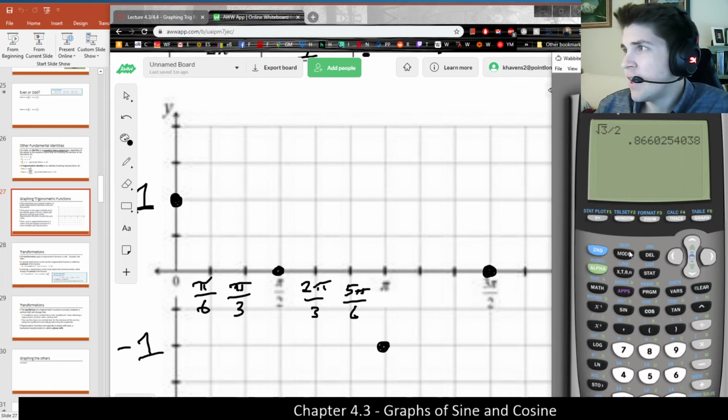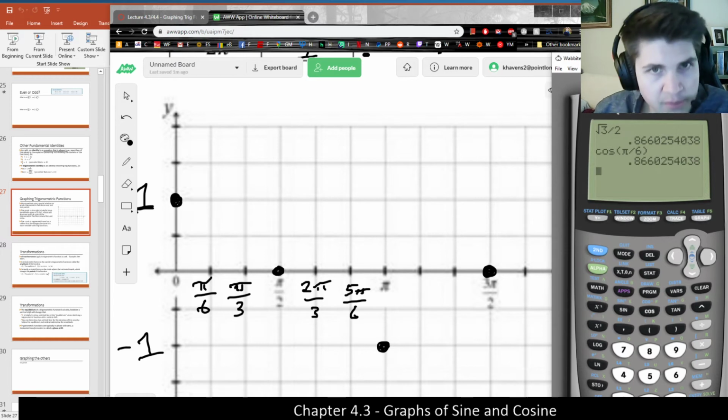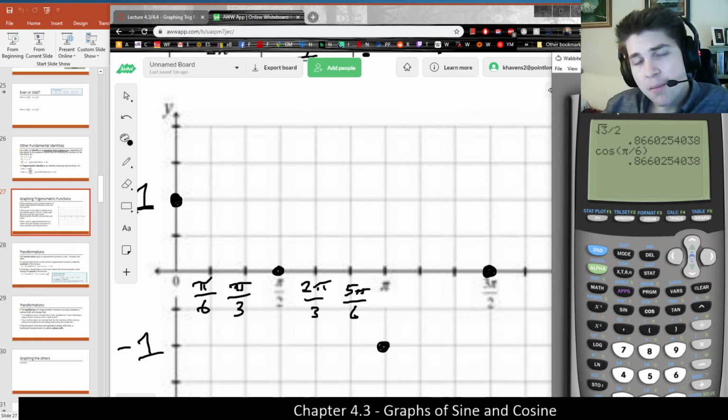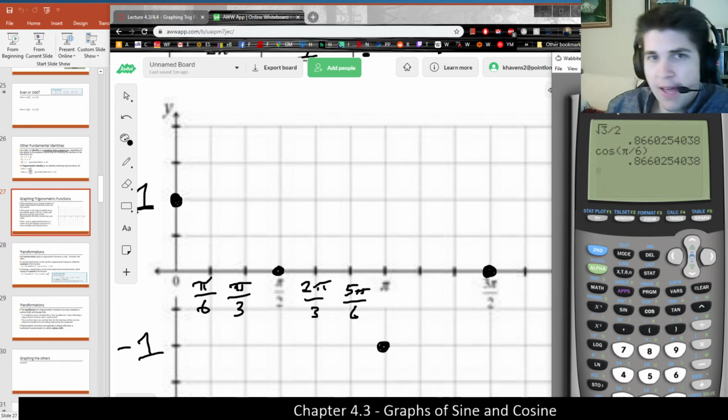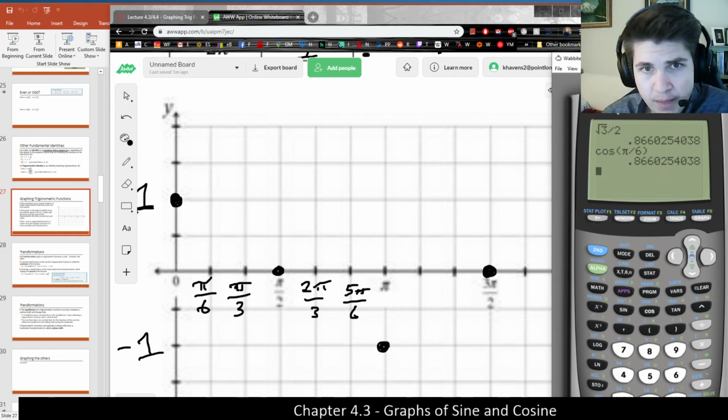Or additionally, if you make sure your calculator's in radian mode, we could just type it in, because our calculators are fully capable of evaluating trigonometric functions as well. But again, I'm trying to avoid relying on that because we don't really need it to do this. But anyways, at pi over 6 it's going to be about 0.87.